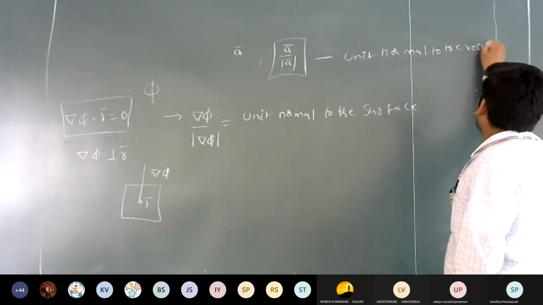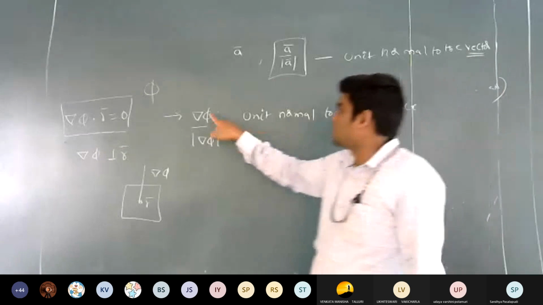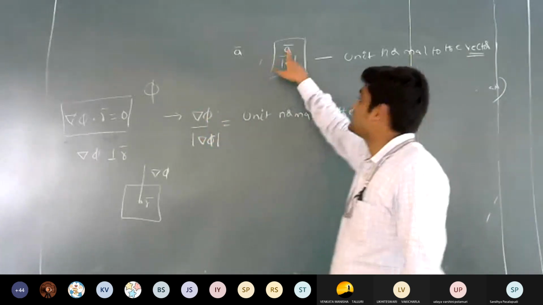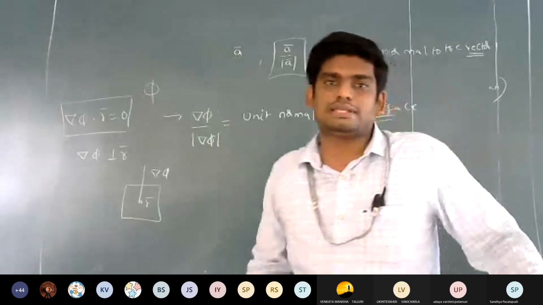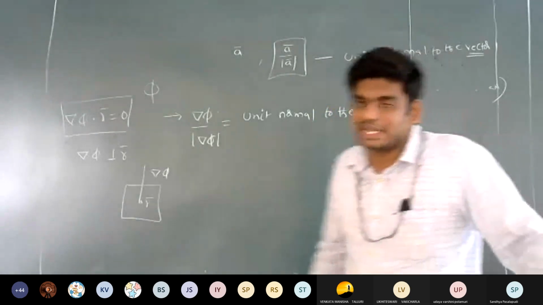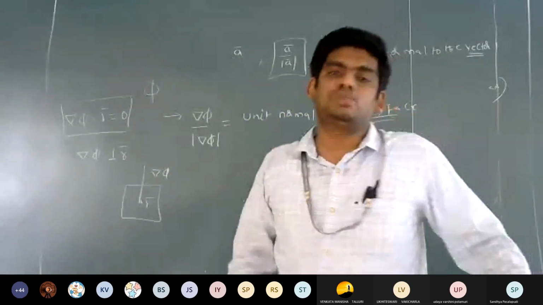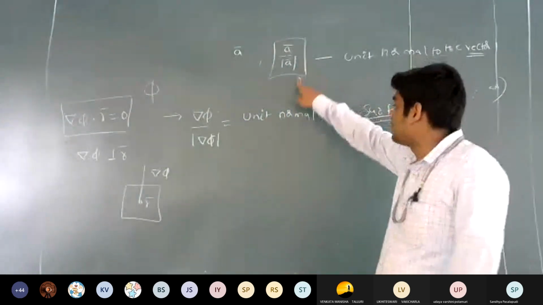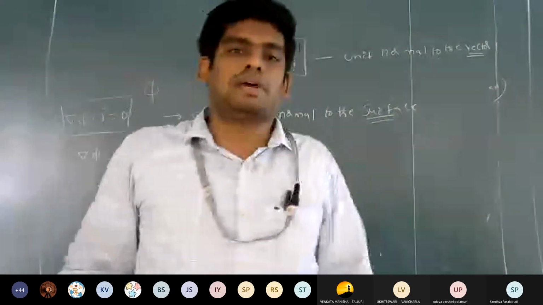You have to observe the differences: this is a vector and this is a scalar field. Both definitions are the same, but in the case of the scalar field we first have to evaluate the gradient of the scalar field, which is nothing but del phi. So this is called the unit normal vector.